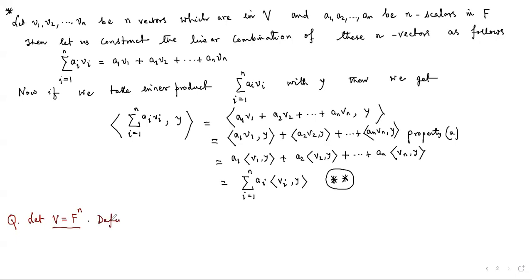Define, for x equal to a1, a2, dot, dot, dot, an belonging to Fn, and y equal to b1, b2, dot, dot, dot, bn belonging to Fn, the following number.